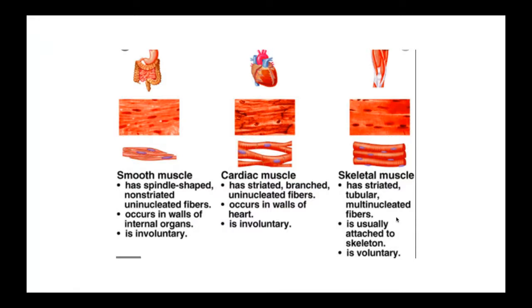If we look at skeletal muscle under a microscope, we see that it is striated. What gives skeletal muscle its striations are these protein filaments.